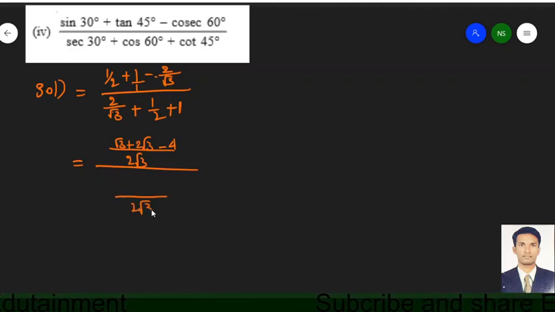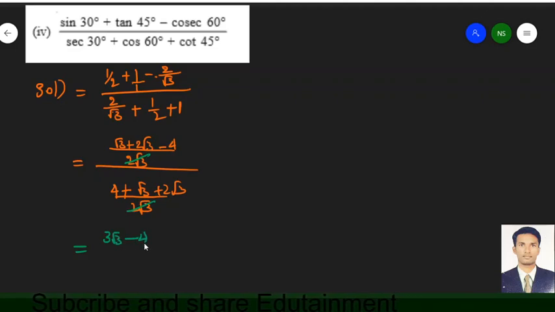Here also we will get 2 root 3, so we will get 4 plus root 3 plus 2 root 3. Now these two things cancelled here, and we will get root 3 plus 2 root 3, 3 root 3 minus 4 divided by 4 plus 3 root 3.